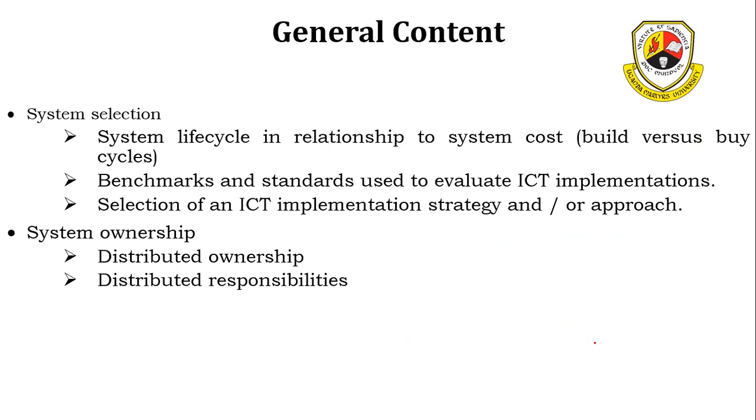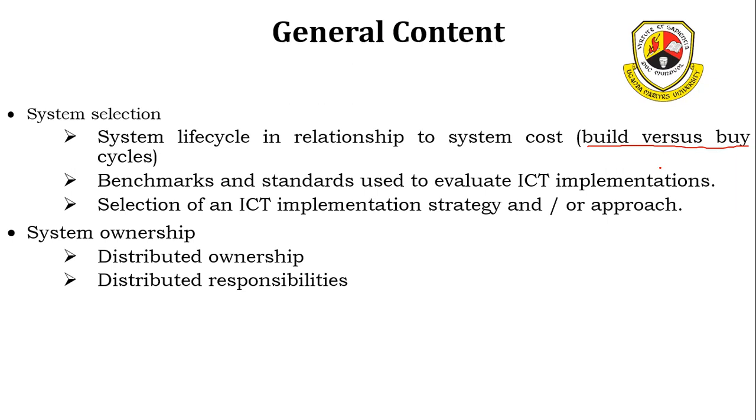Now, what exactly shall we look at? Number one, we shall look at system selection. When we're looking at system selection, we're essentially going to look at the system life cycle in relationship to the system cost. This is where the point I gave earlier comes in, where you'll be looking at whether you are building or buying.